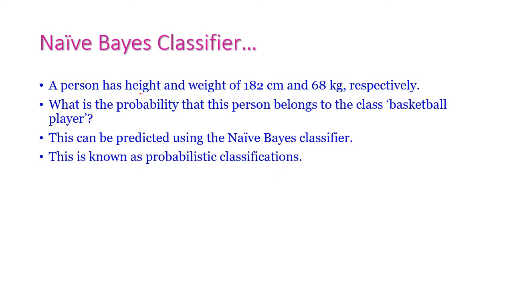Here, a person has height 182 centimeter and weight 68 kg. Now, we need to find whether this person belongs to basketball player or not. Okay, what is the probability that this person belongs to basketball player? So, this can be predicted by using Naïve Bayes classifier.